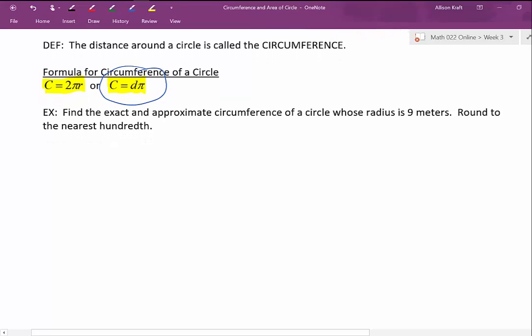This Greek letter pi we see is an irrational number, which means that it is a decimal that goes on and on and on forever without stopping. A common approximation for pi is 3.14. That is an approximation, though. We're going to practice finding both exact and approximate circumferences of circles.